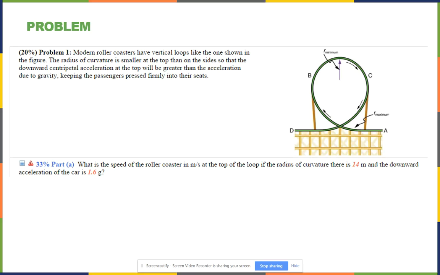Let's say that you are in a cart that's going around this roller coaster, and notice it says, what is the speed of the roller coaster in meters per second at the top with this radius of curvature? And we want a downward acceleration of 1.6 Gs.